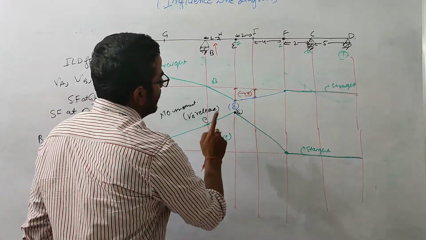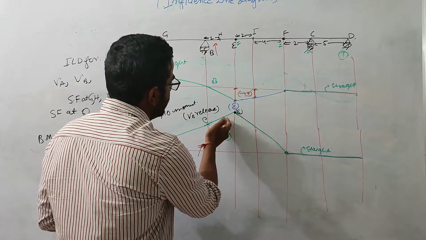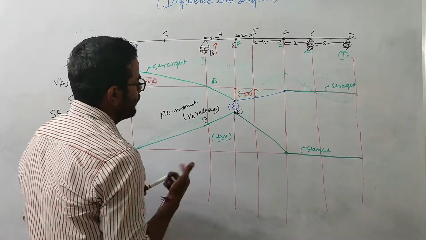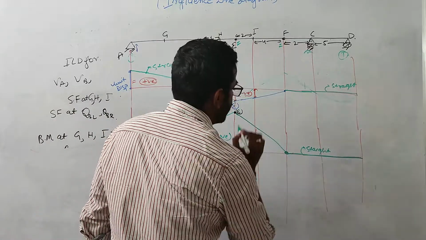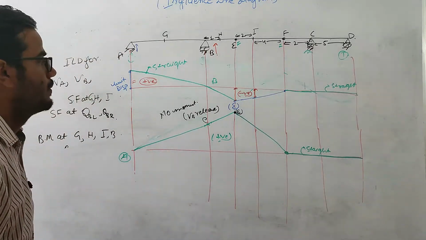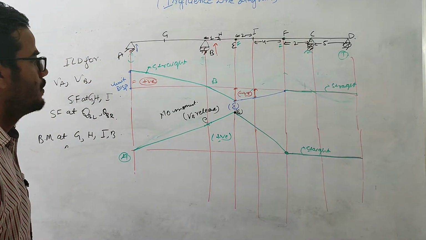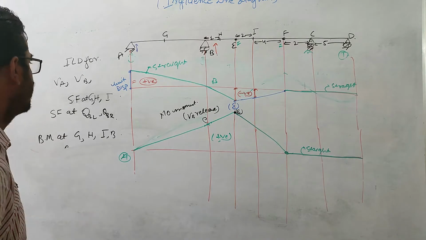At E, there is only a moment release, so the slope at left of E is different from the slope at right of E, and this line should be straight. So this is the case for the ILD for this B.